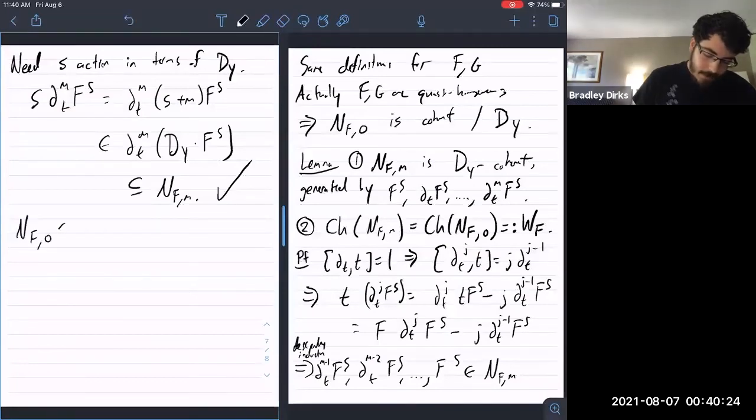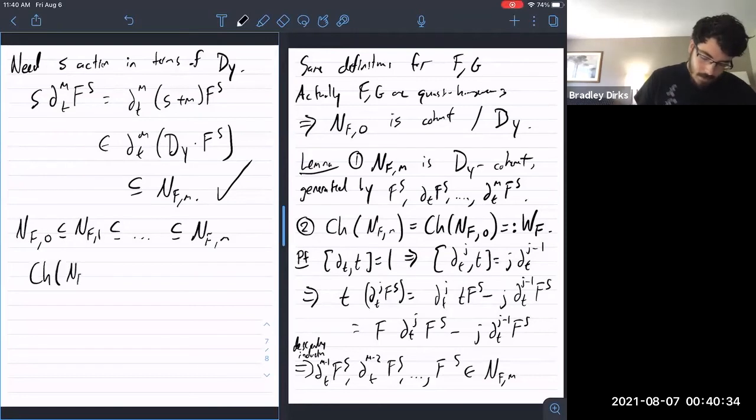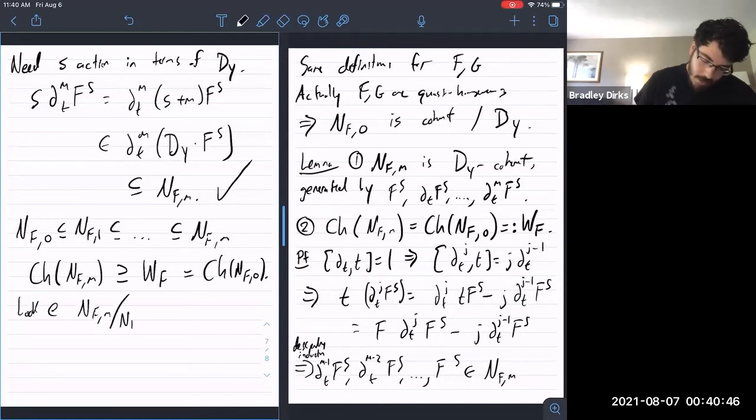Now, by the first part, we have this collection of inclusions. So it's a chain. At least we get that this contains this W_F, which remember we were calling N_F^0. But we can look at N_F^m mod N_F^{m-1}.